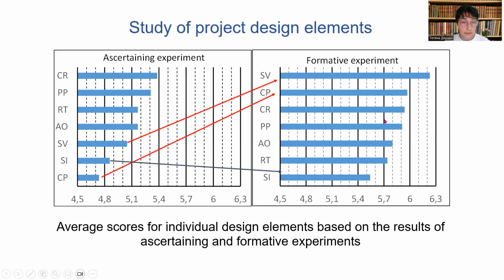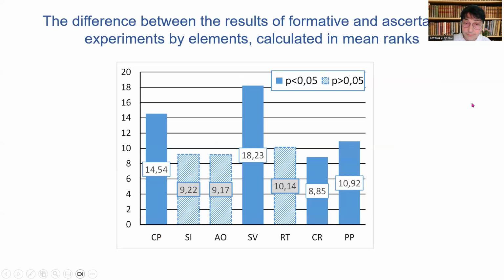The next slide demonstrates the changes in rank places for success for each of the elements. You see the difference between the results of both experiments, calculated in mean ranks.